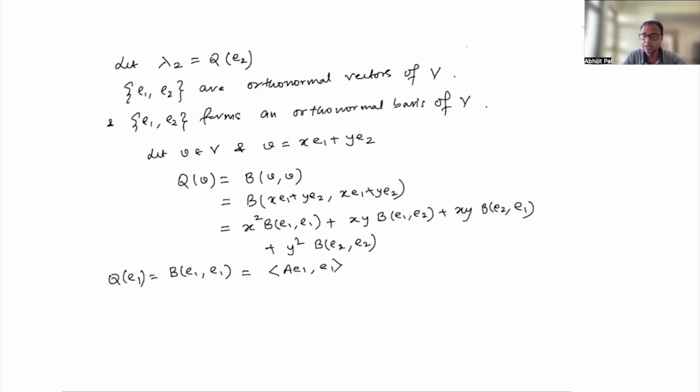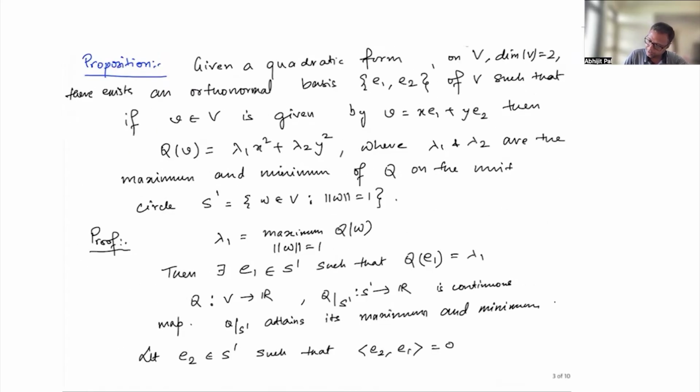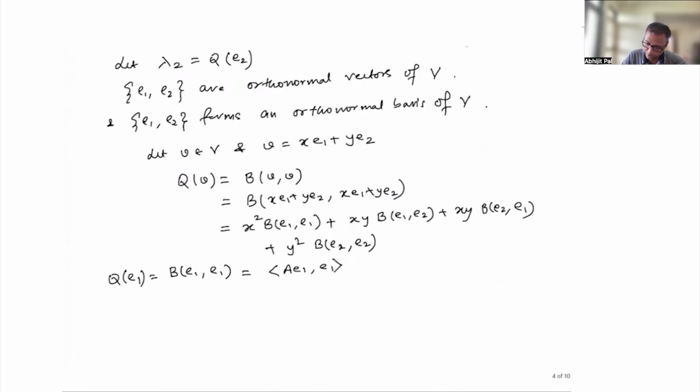So q e1 is equal to b e1 comma e1, which is the inner product of a e1 comma e1. And we have taken this lambda 1 to be equal to QE1. So lambda 1 is equal to QE1, which is the inner product of AE1 comma E1. And lambda 2 is equal to BE2 comma E2.